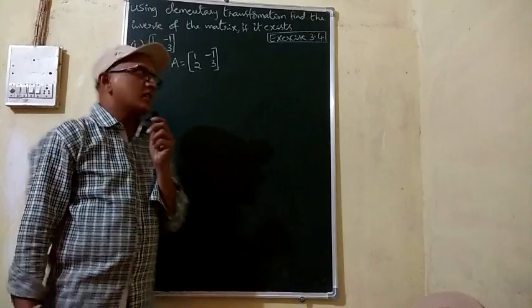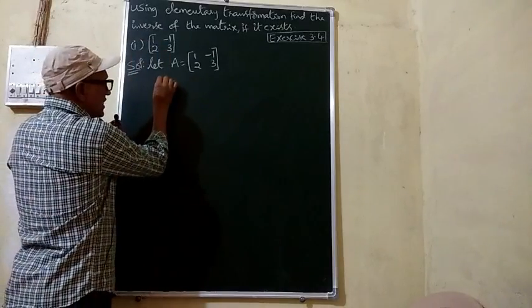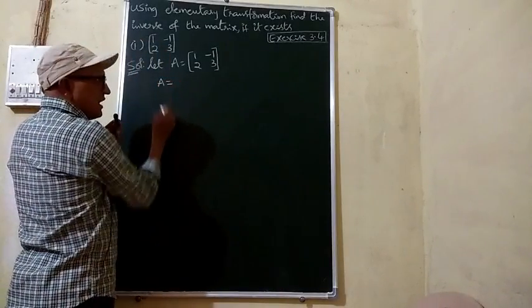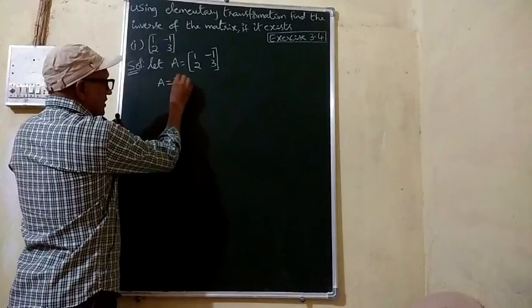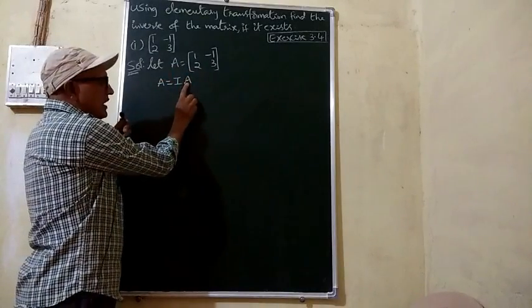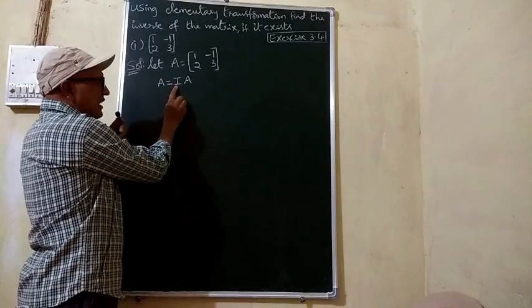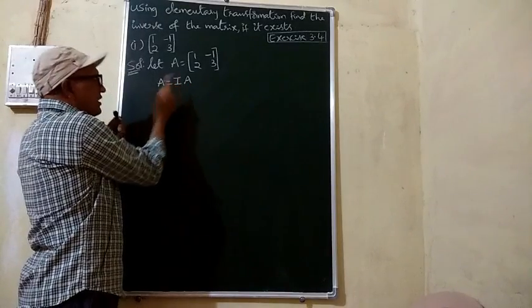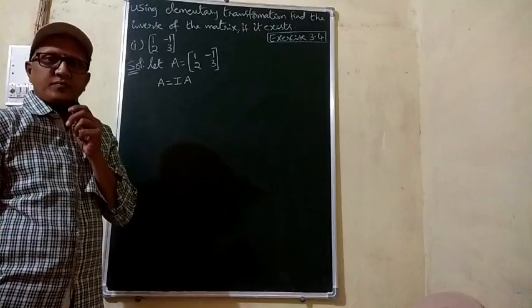Any matrix can be written like this: if you multiply any matrix with the identity matrix, then we get the same matrix.